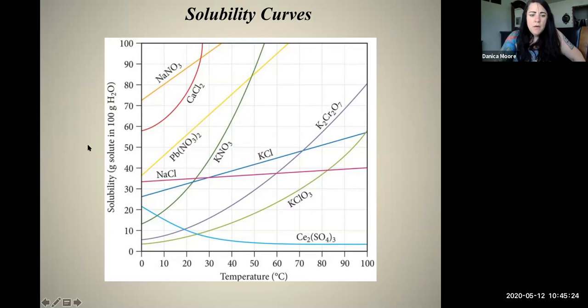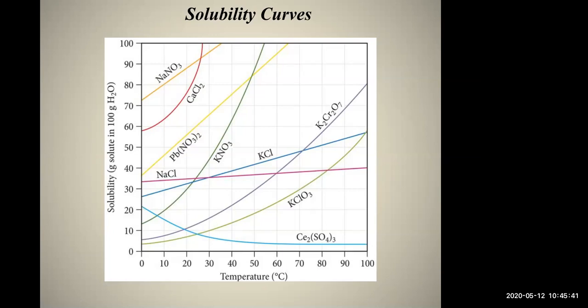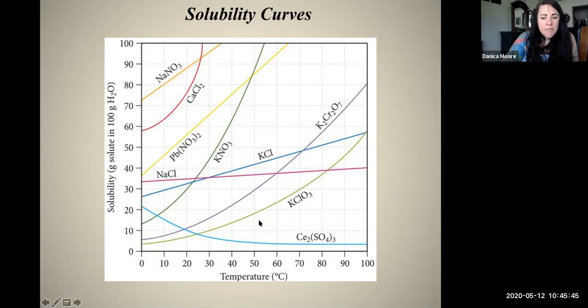Is the slope of the NaCl curve positive or negative? Positive, right? Indicating that this is an endothermic delta H of solution. Does that make sense, guys? Yeah. Cool. So which one of these compounds has an exothermic delta H of solution?